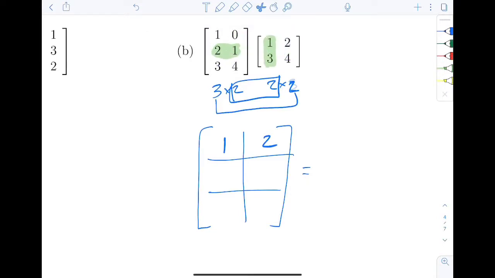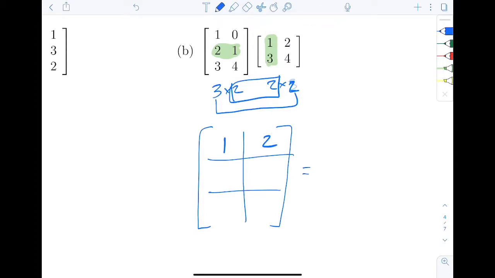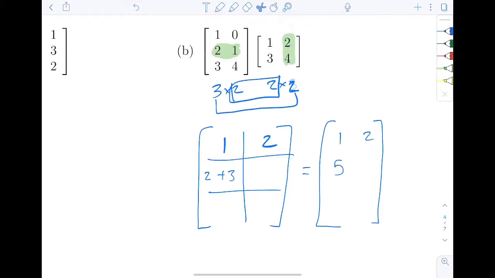We're going to go down on the first matrix, and we're just going to alternate back and forth between the columns. So now I have 2 times 1, which is 2, plus 1 times 3, which is 3. Next I'll move over. 2 times 2 is 4, plus 1 times 4, which is 4, that's 8.